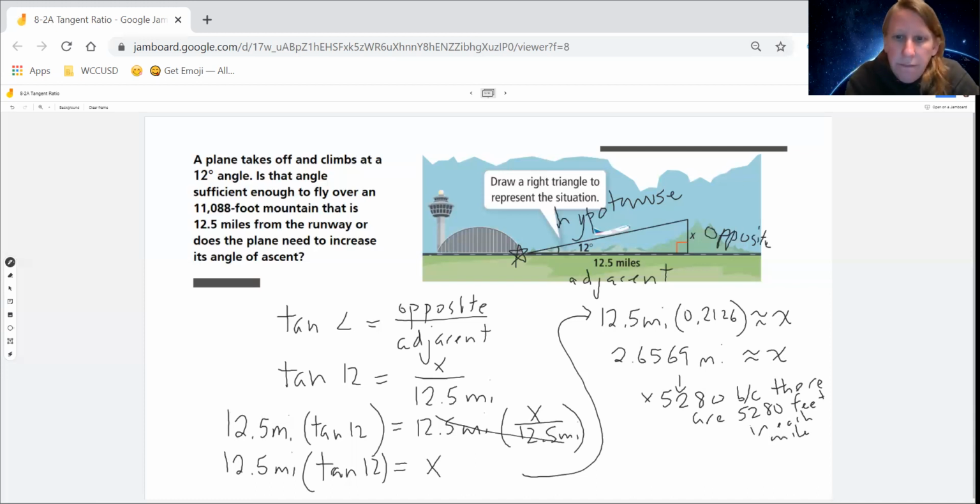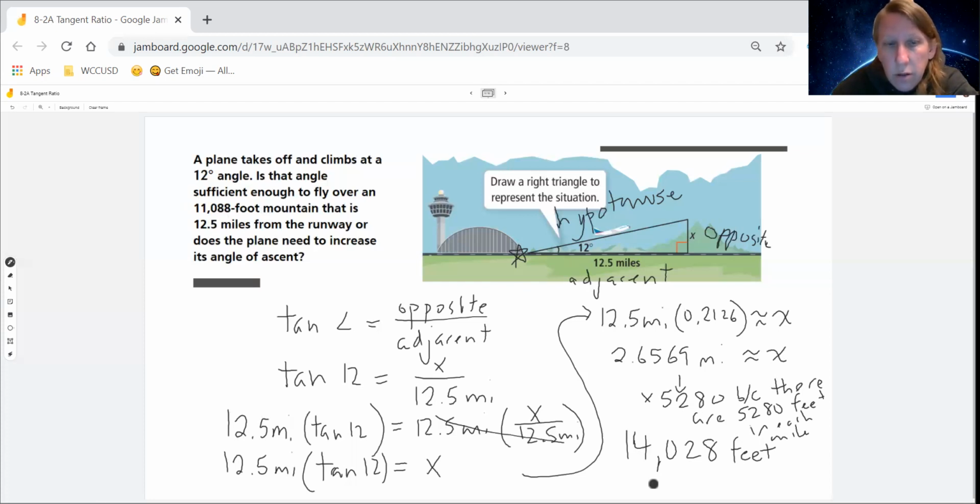Okay, so that's 14,028 feet. 0.73. Okay. So the plane after 12.5 miles at this incline, this angle of taking off is 14,000 feet. Is that enough to clear the mountain range if the mountain is 11,000 feet?